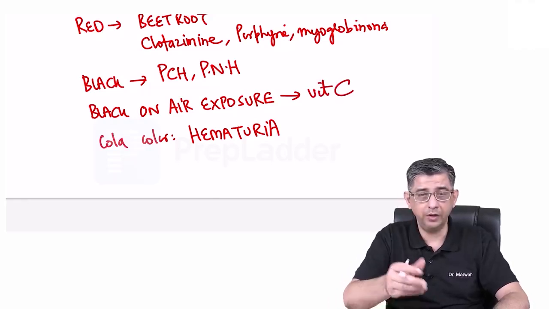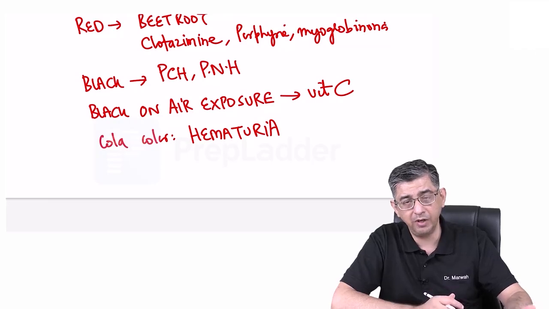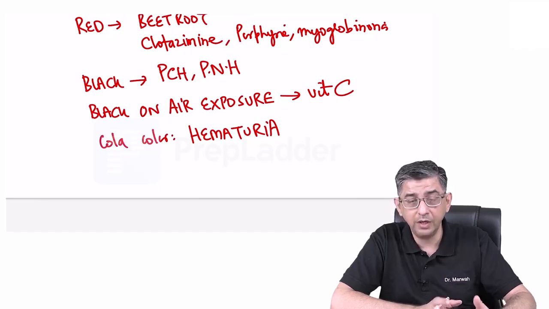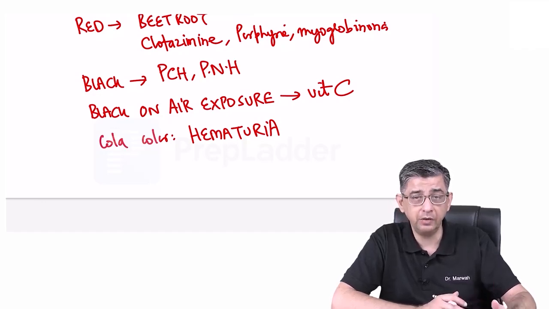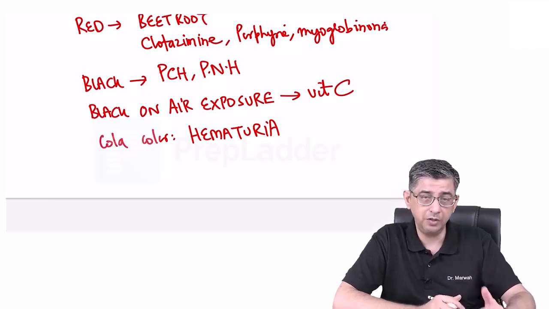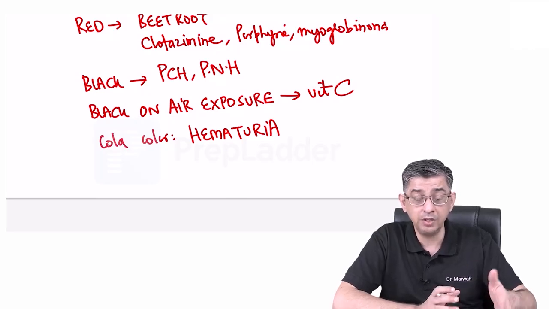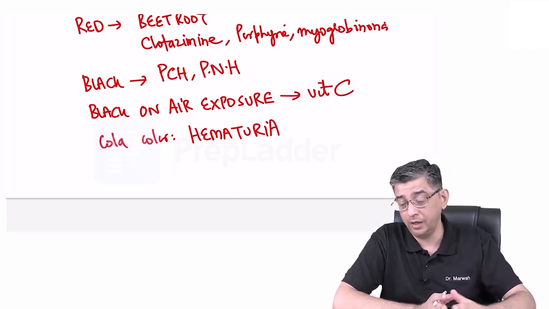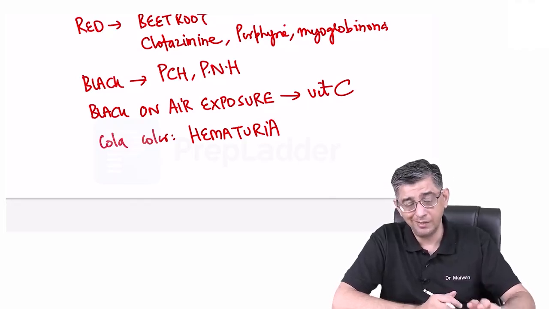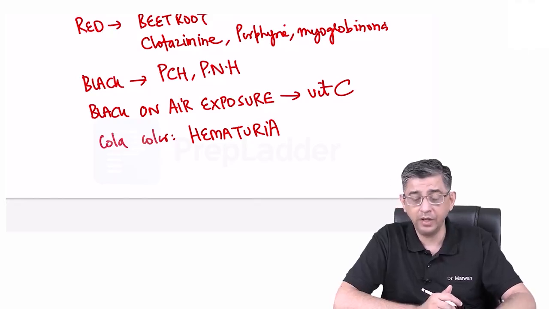Obviously in alkaptonuria, the treatment is nitisinone that you study in pediatrics and biochemistry. But one drug that can be used to mitigate the suffering of the patient from the emotional perspective, that urine is looking black when he's urinating, is vitamin C, and this reduces the urine from turning black on air exposure.